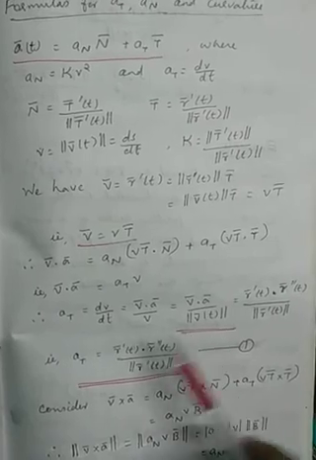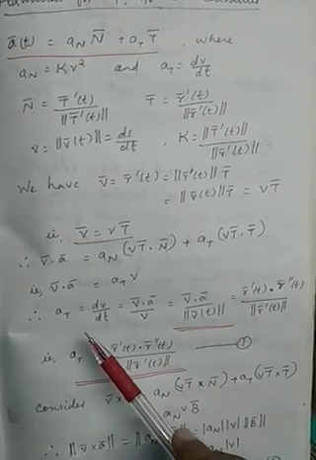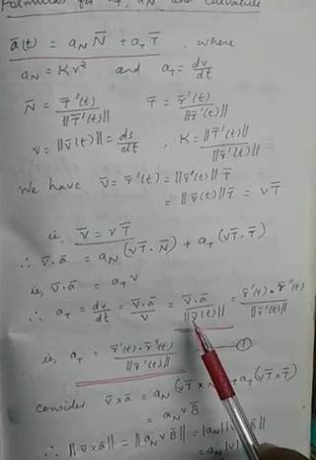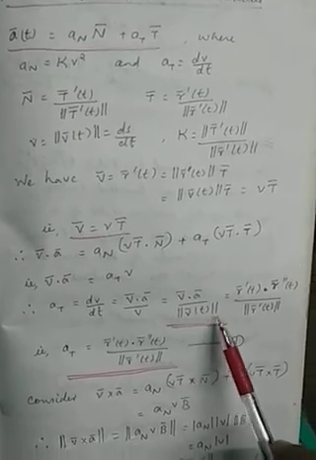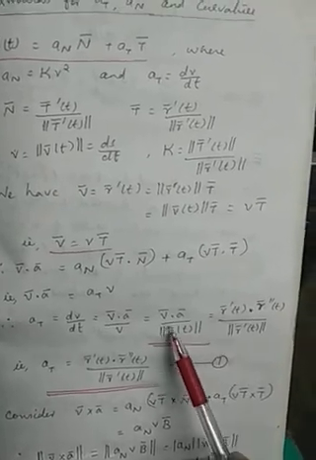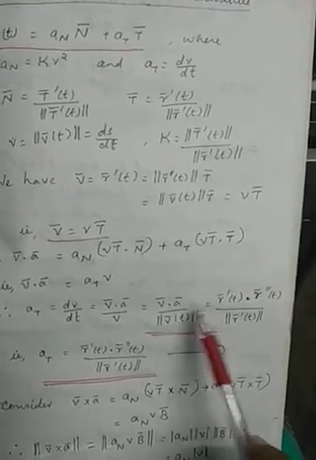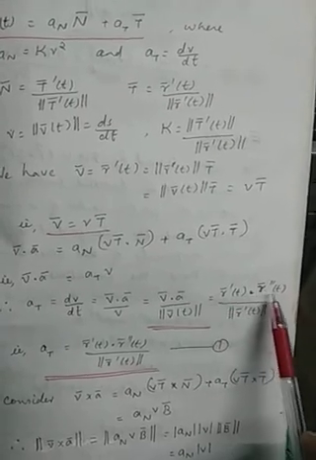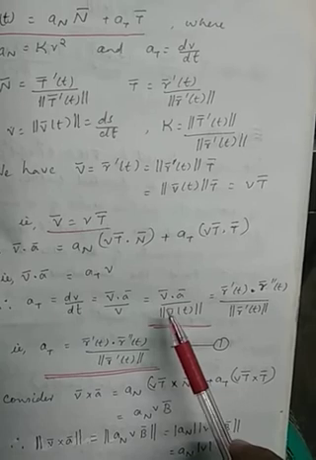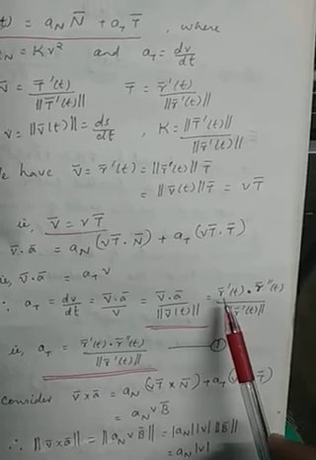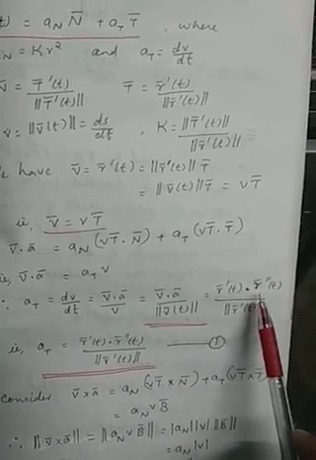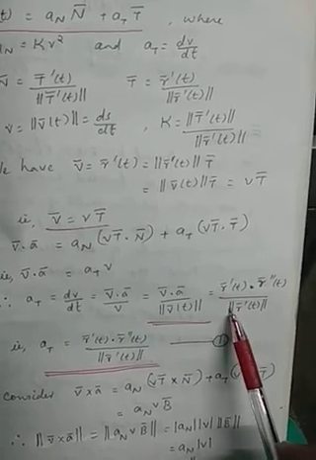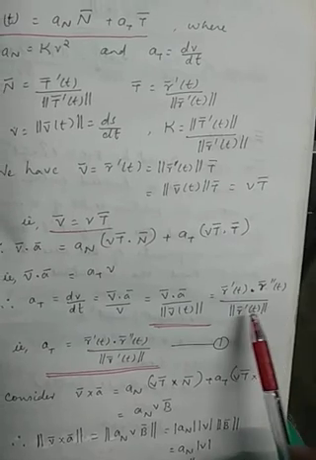So we have the tangential component of acceleration is equal to v dot A divided by norm of v. And this can be written as, we know velocity is equal to r dash of t and acceleration is equal to r double dash of t. So this becomes r dash of t dot r double dash of t divided by norm of r dash of t.